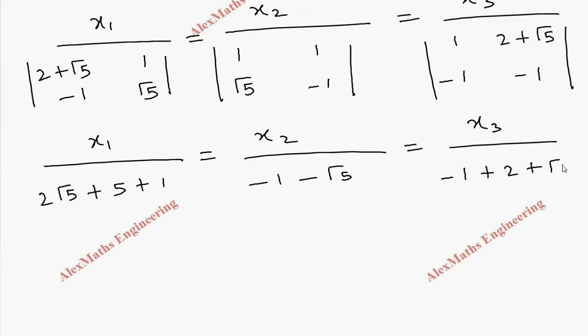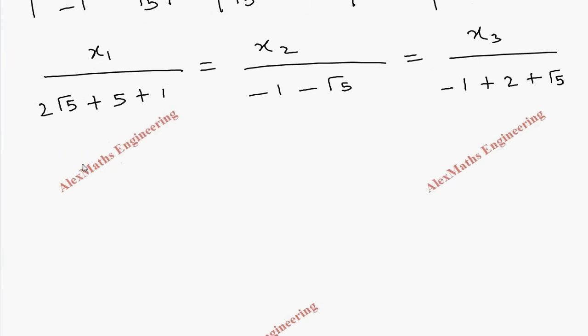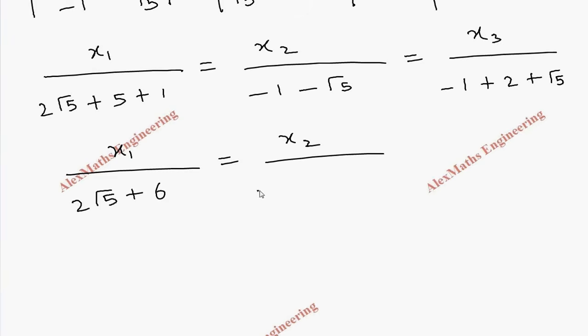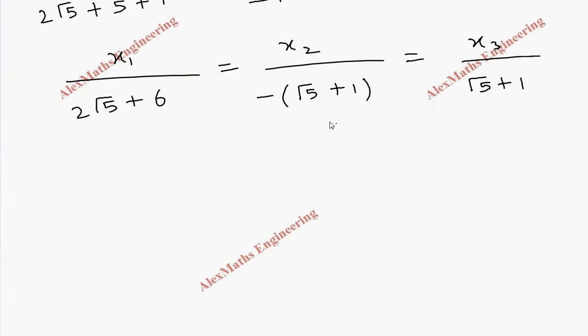Now rearranging, we get x1 by 2 root 5 plus 6, and this is x2 by, taking minus common, we get root 5 plus 1. Here rearranging, we get root 5 plus 1. Now we can see root 5 plus 1 common in these two.